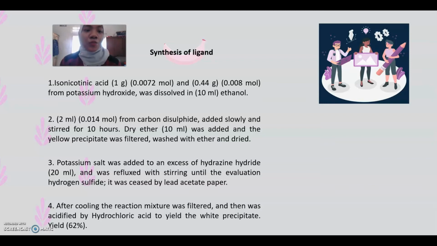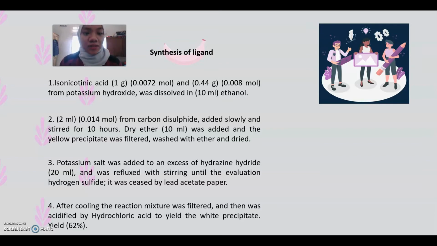Next, 2 milliliter and 0.014 mole of carbon disulfide was added slowly and stirred for 10 hours. Then dry ether with 10 milliliter was added, and the yellow precipitate was filtered, washed with ether, and then dried.